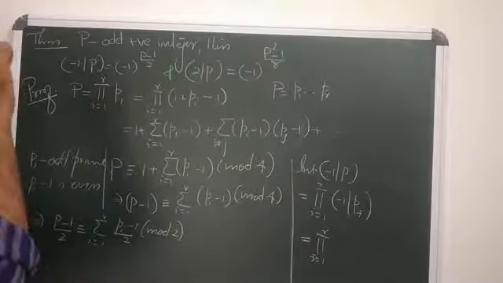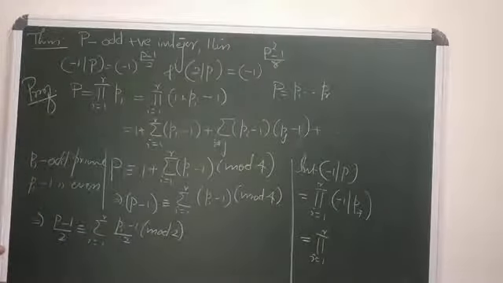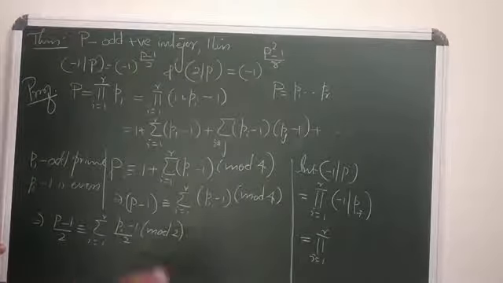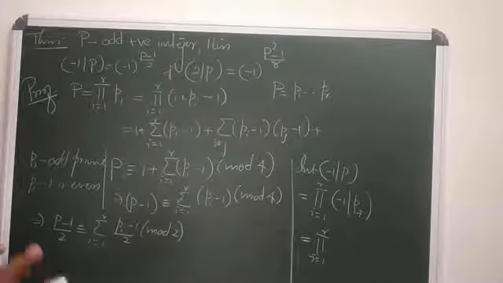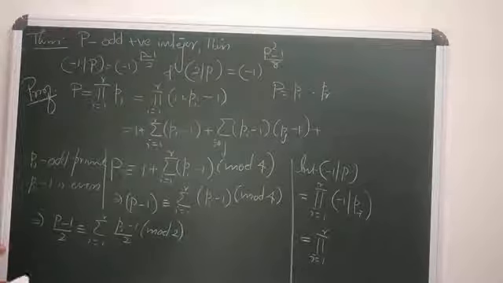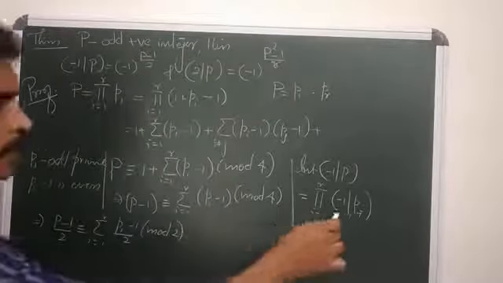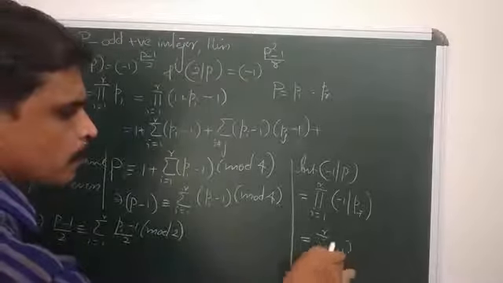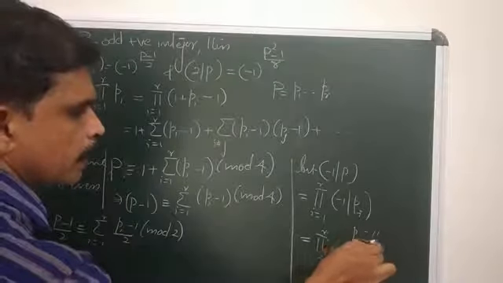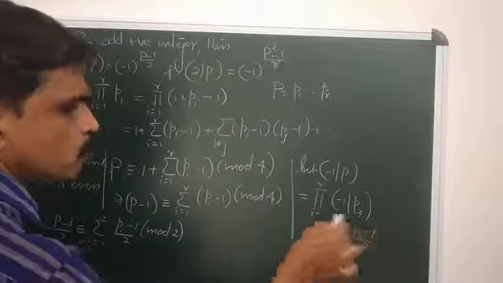By the evaluation of minus 1 by p in the Legendre symbol, we know that for any prime p, (minus 1 by p) is minus 1 to the power (p minus 1)/2. Okay, so (minus 1 by p_i) is minus 1 to the power (p_i minus 1)/2. Why? Because of the Legendre symbol.